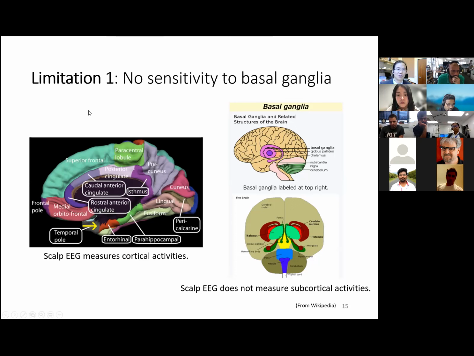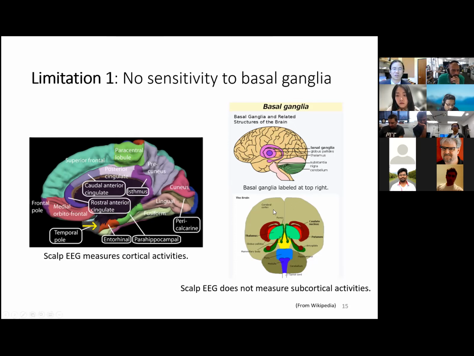But in the case of EEG, the generator of the EEG signal is usually limited to the gray matter. If there is no gray matter, then we cannot measure it, even if that part is activated, as long as it does not have an EEG-measurable cytoarchitecture, which, simply put, is neurons aligned in parallel, a massive parallel structure like this. And it has to be really broad, like several square centimeters.